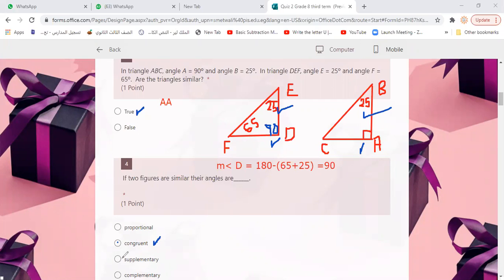The two choices, supplementary or complementary, have no relation to similarity. We can't say figures are similar because they are supplementary or complementary. We said that if two figures are similar, then their angles are congruent. So this is the answer for question number 4. Let's move to the next question.